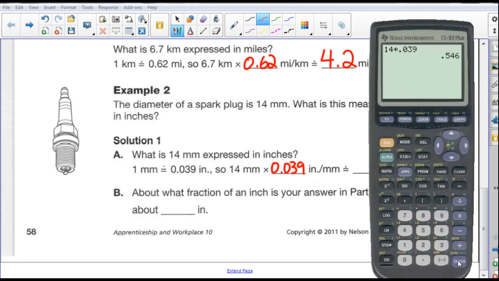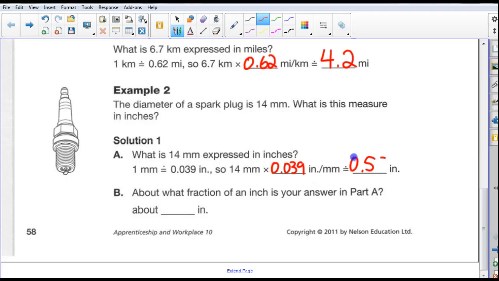So we can say that 14 millimeters is approximately 0.55 inches, so just a little bit bigger than half an inch. About what fraction of an inch is your answer in part A? About half an inch, just a little over half an inch.